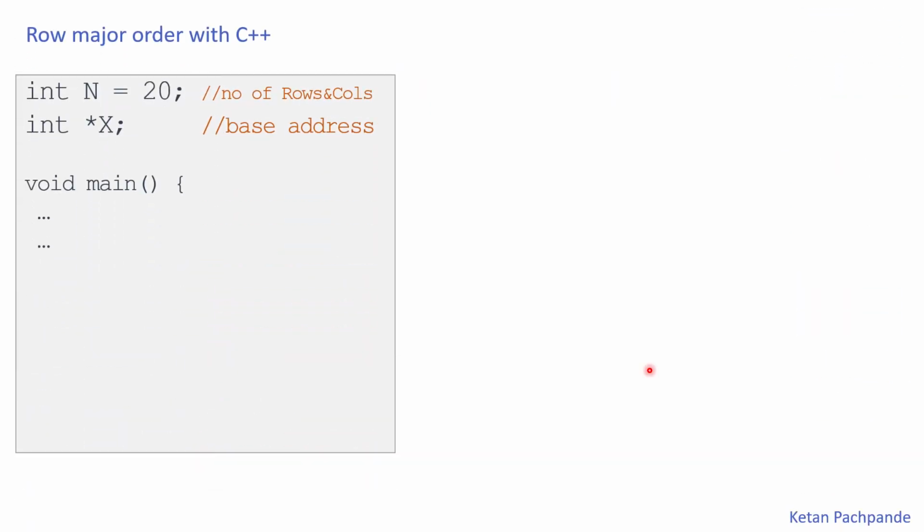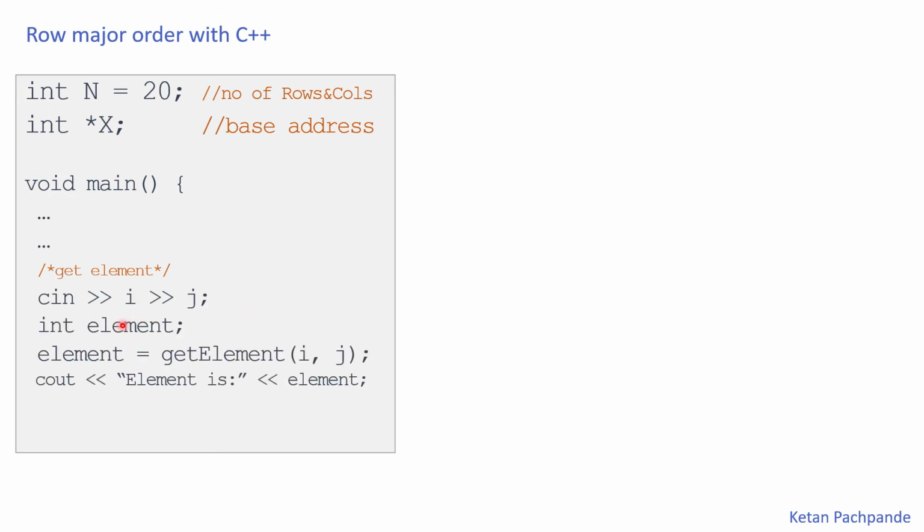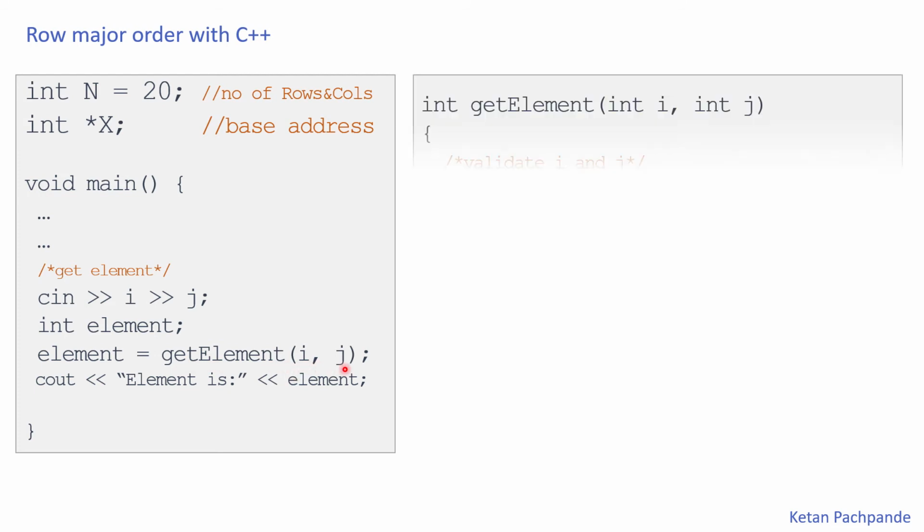Now what about retrieval? Retrieval is also the same. Let's say after some time user says give me the element present at some value of i and j, and I want to retrieve this element. So I write another function called get element at the location i and j.